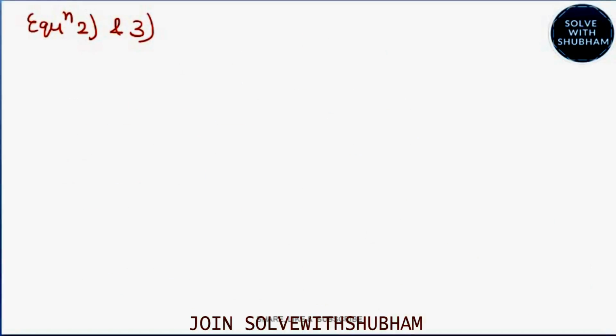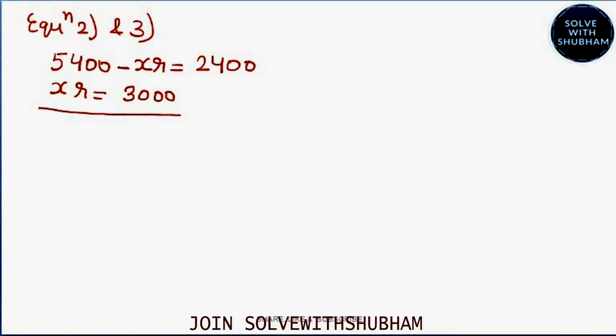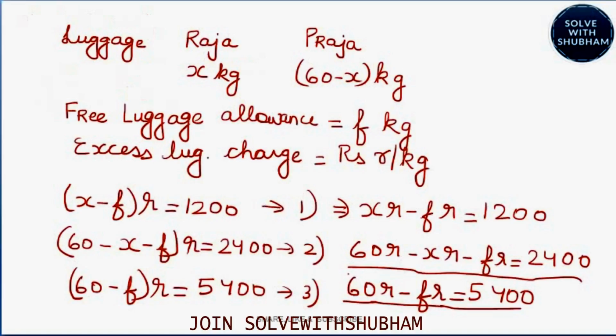So basically, when you try substituting equation 3 in equation 2, what do you get? You get 5400 minus XR is equal to 2400. This gives XR is equal to 3000.